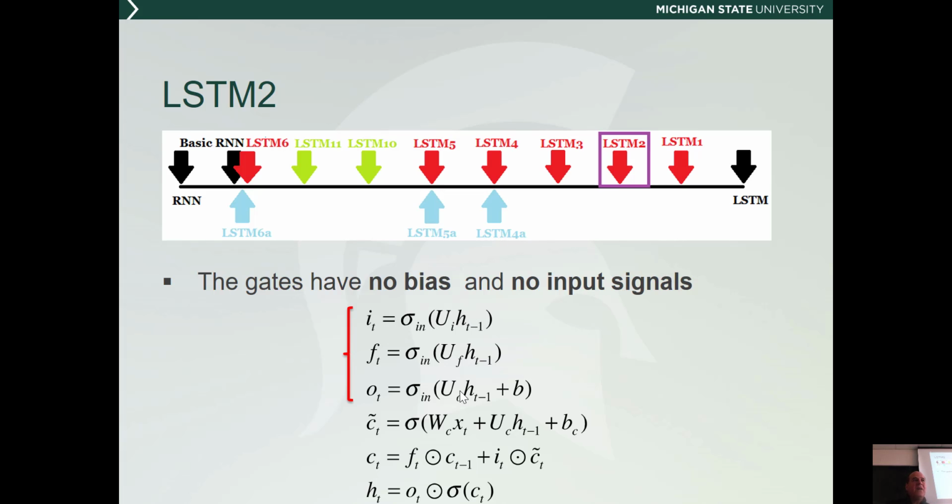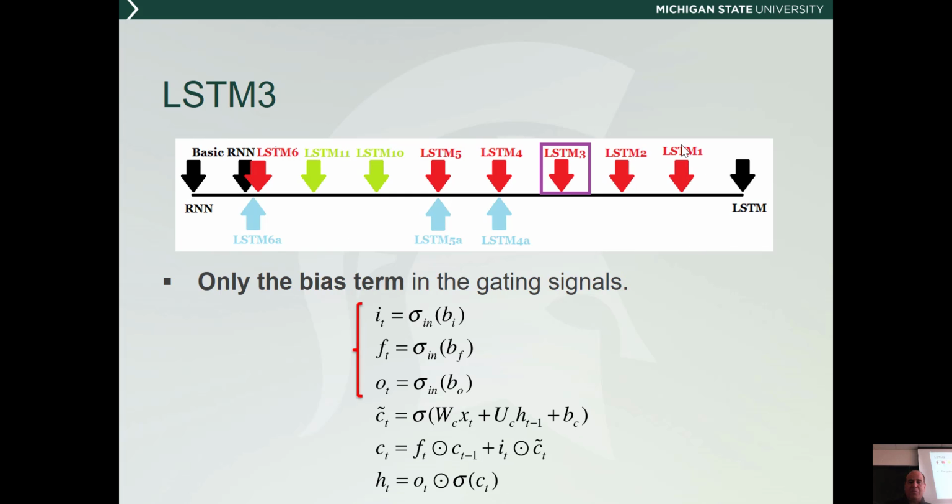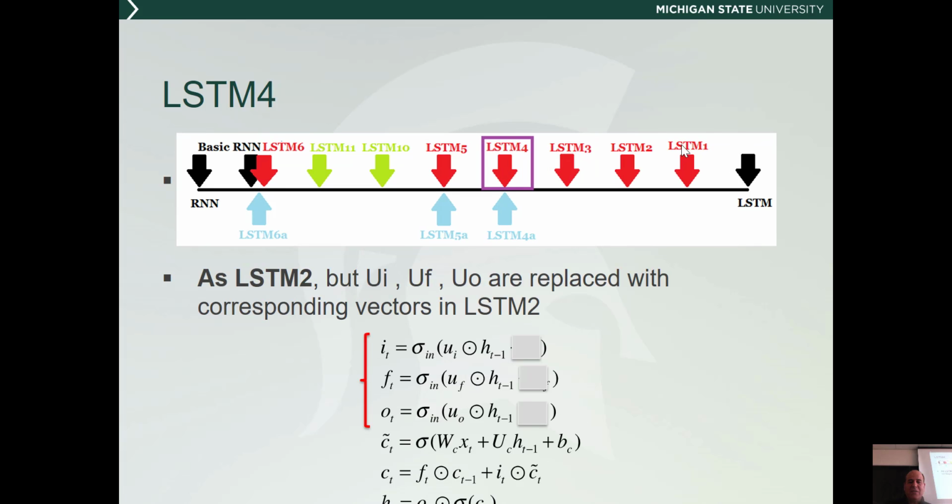These states over time are mixed through the cell body. So the 4 thing says from 2 to 4, you convert this matrix into a vector and do a pointwise multiplication. And similarly for the 5, you look at number 1 and convert any matrix multiplication into a vector multiplication by pointwise multiplication.